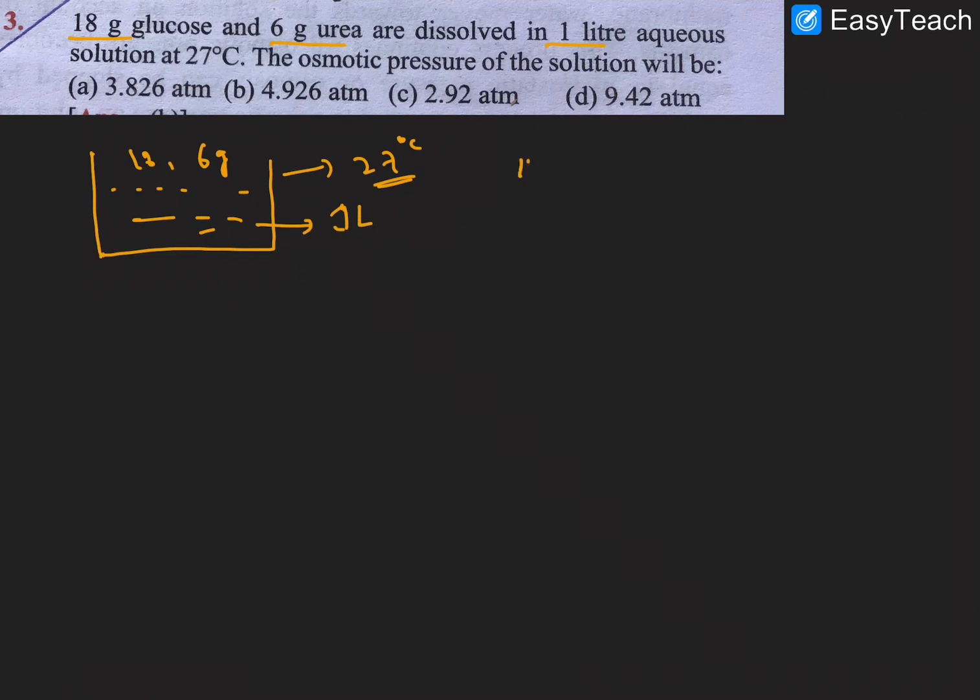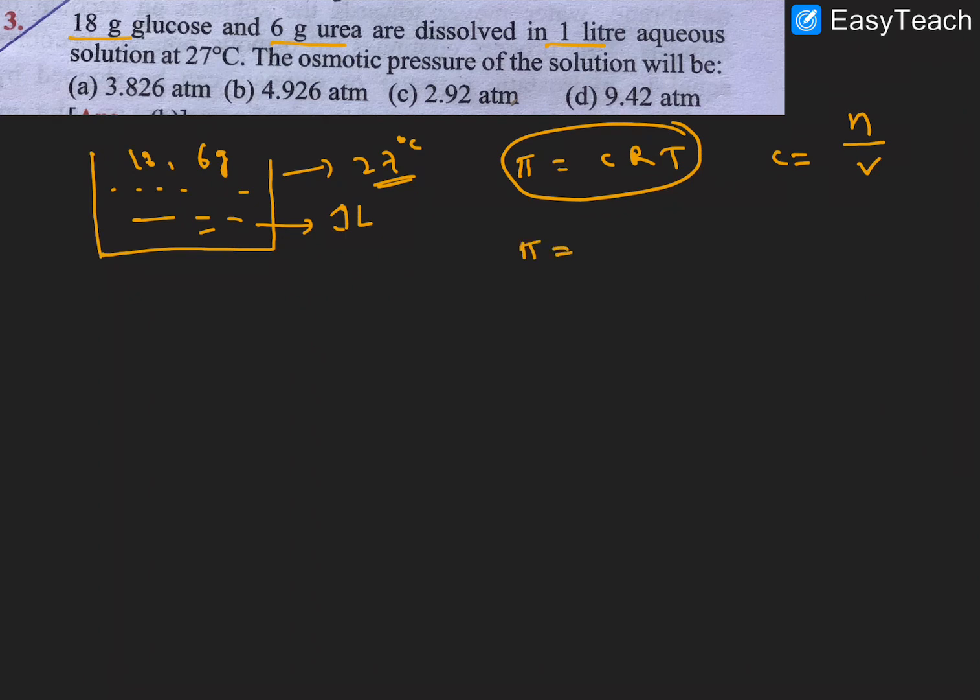What is the general formula? Pi equal to CRT. This is the osmotic pressure formula. C equal to concentration, the number of moles present in 1 liter of solution.